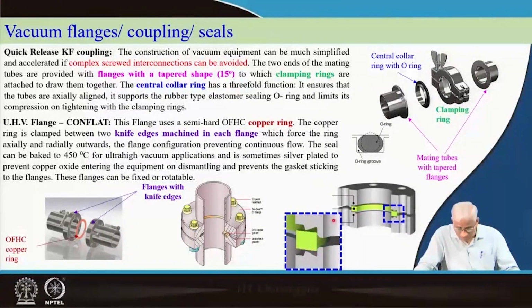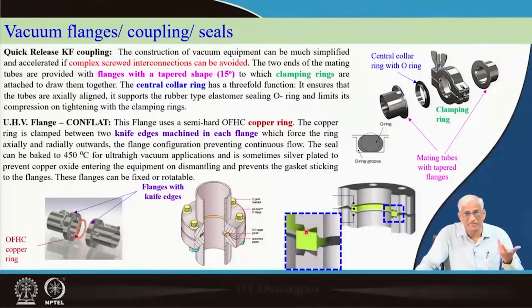So, when you are applying force using nut and bolt, this sharp edge will touch here with a lot of stress, because area is less. For the same force, if area is less, stress will be more, and if that stress crosses yield stress, you will start getting a sealing effect. It is as simple as that.